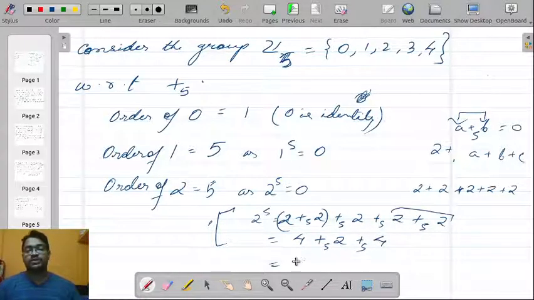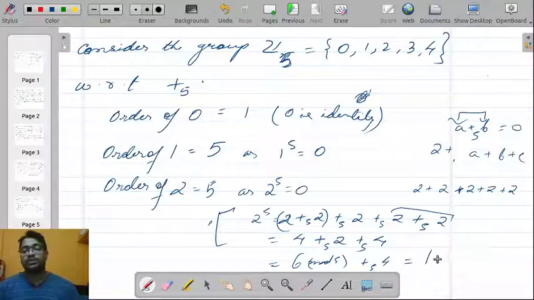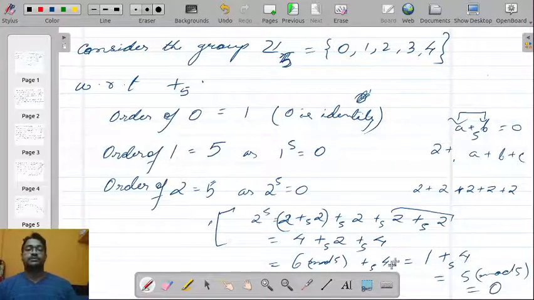So 4 plus 2 is 6, 6 mod 5 is actually 1. So 1 plus modulo 5 4 is 5 mod 5. What is 5 mod 5? 5 mod 5 is actually 0, right? So 2 to the power 5 is 0. So the order of 2 is also 5 here, right?